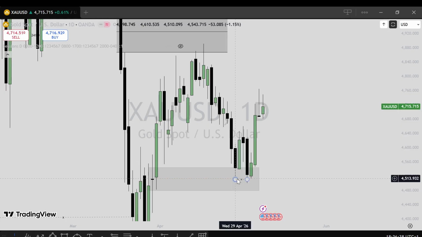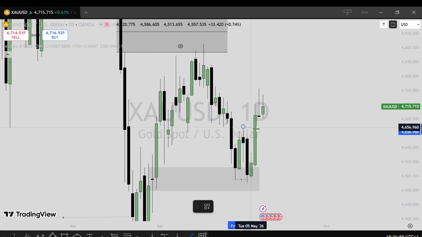Okay, so let's go. Now, after this liquidity sweep here, price displaces to the upside, thereby forming a new high here that is higher than this previous high here. So there is a shift in market structure in this particular zone here.